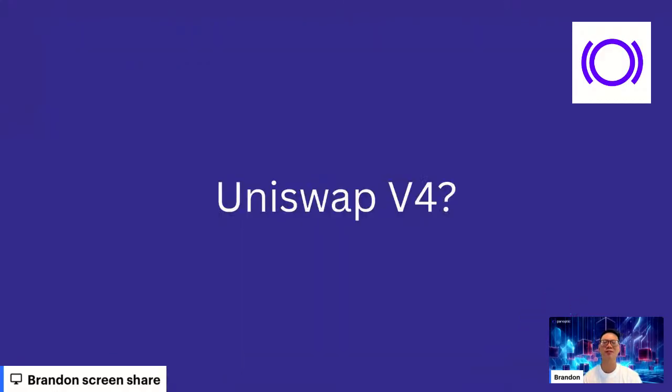And V4, some of you may have heard of, has been hitting the news recently. It launched earlier this year, and Uniswap V4 is basically another iteration on top of V3 that generalized things. It brought hooks. You can kind of think of it like from Bitcoin to Ethereum, how the Ethereum world computer generalized and abstracted and allowed for more functionality than just sending and receiving a token like Bitcoin.